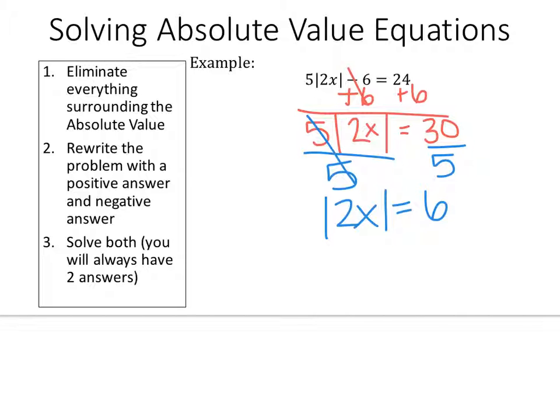Step 2 says I want to rewrite the problem with a positive answer and a negative answer. Because remember, to get 6, I could have the absolute value of -6 or the absolute value of positive 6. So I'm going to get rid of my absolute value bars and write 2x could equal 6, but I know 2x could also be -6.